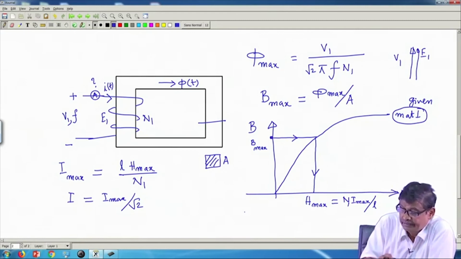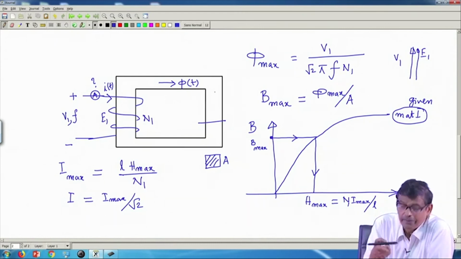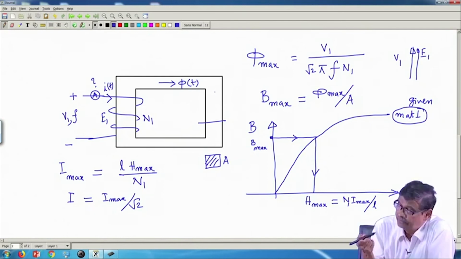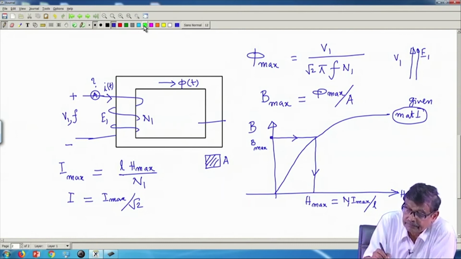Suppose I replace it by a newer magnetic material, whose BH curve is like this.